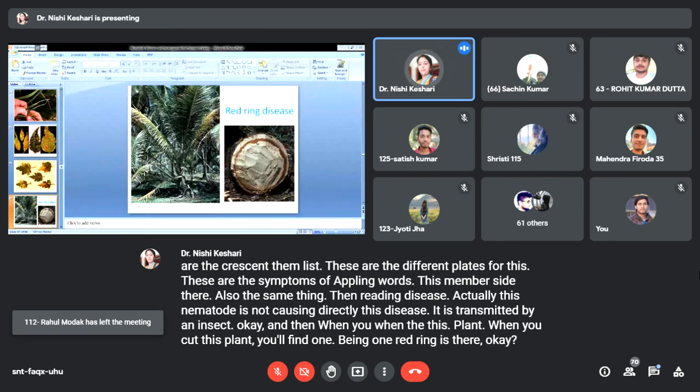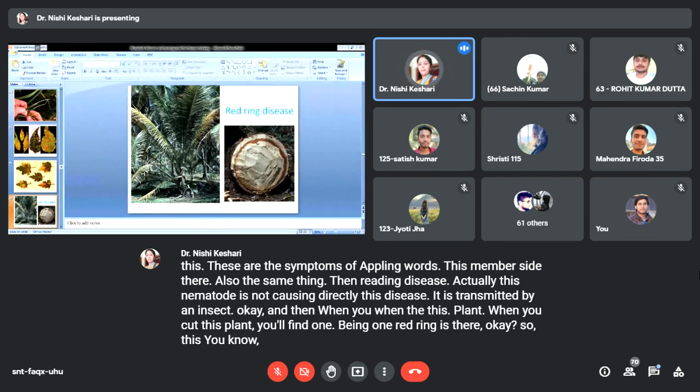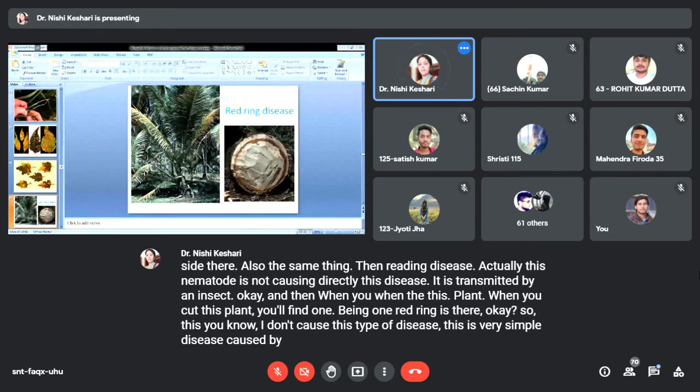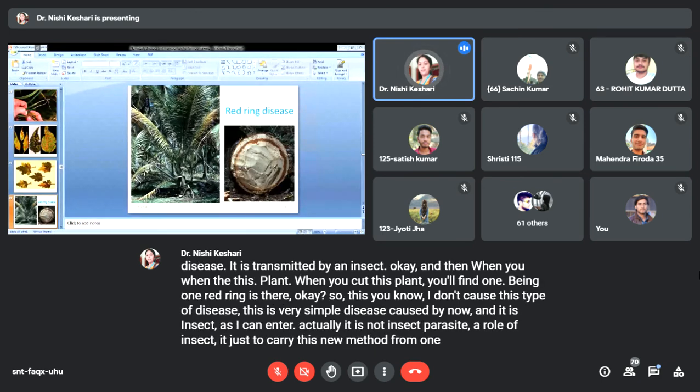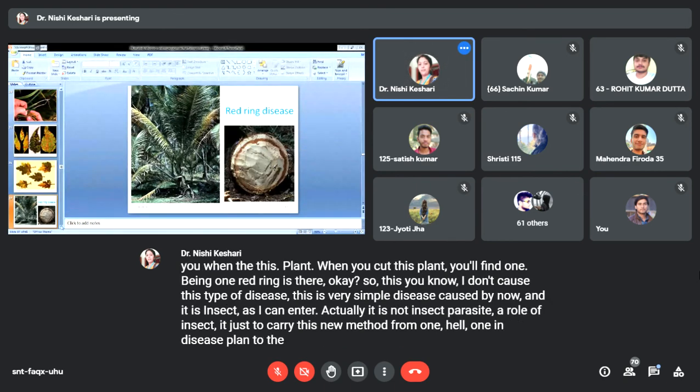So this nematode causes this type of disease. This is red ring disease. Actually, it is not an insect parasite. The role of the insect is just to carry this nematode from one diseased plant to the healthy plant.